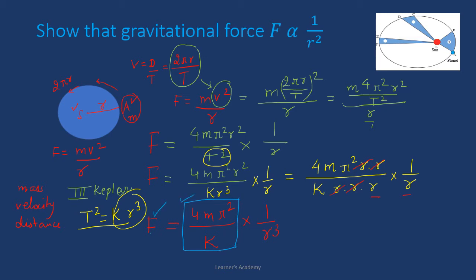This only depends on r squared. Sorry, this will be r squared. So hence I am able to prove that force is inversely proportional to the square of the distance between two objects. Now we'll move on to the next question.